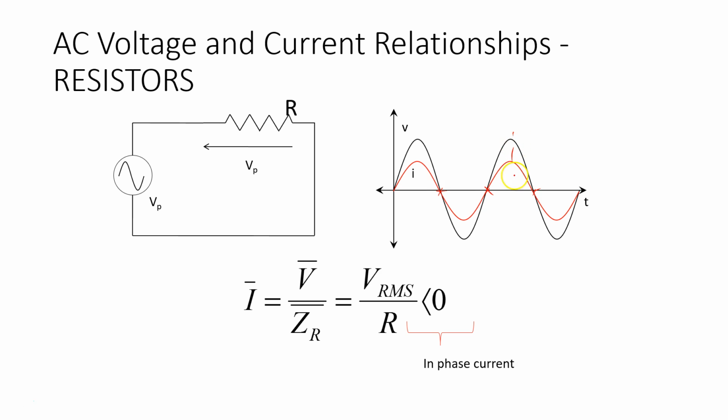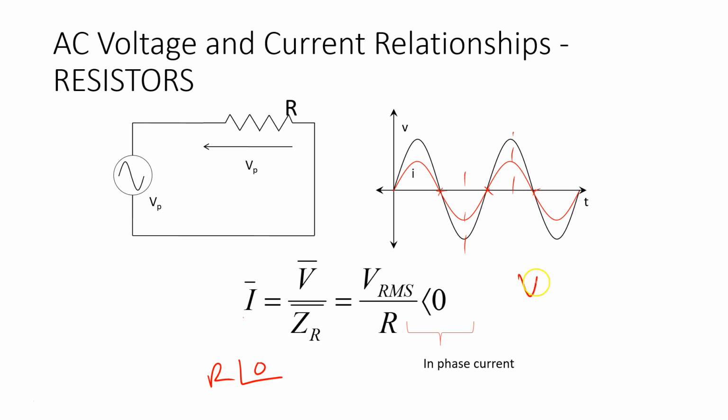They should peak and trough at the same time. Now, if I look at the phasor representation here, I know the current is equal to the voltage over the phasor impedance. The phasor impedance for the resistor is R angle 0. If you go back a few slides, you'll see where we derive that.